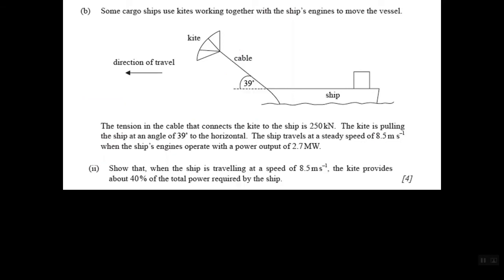Show that when the ship is traveling at a speed of 8.5 meters per second, the kite provides about 40% of the total power required by the ship. Let us find the power provided by the kite. That's the tension, as we know, and the horizontal component is T cosine 39 degrees. And we know the power formula, which is F times velocity.